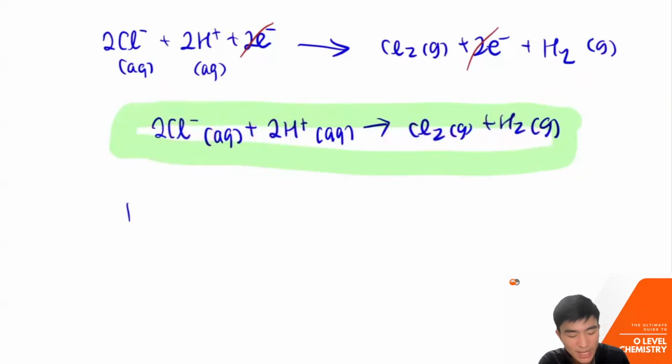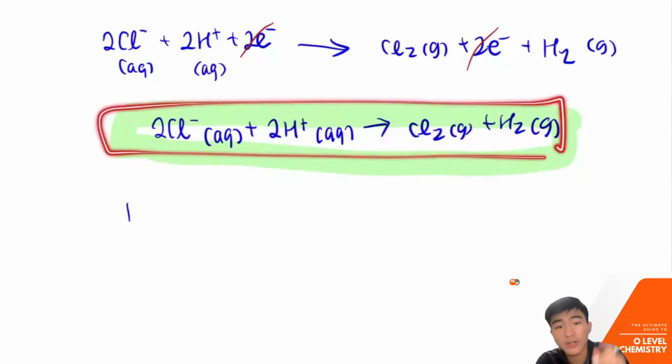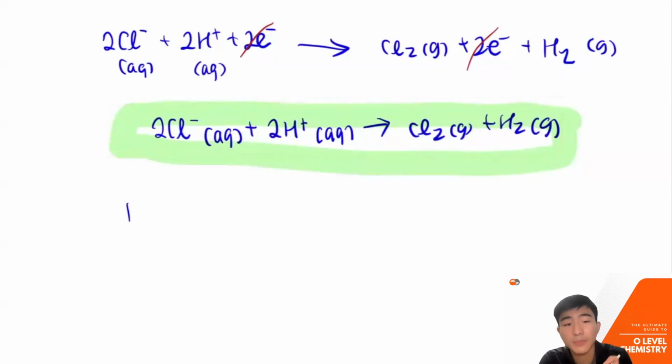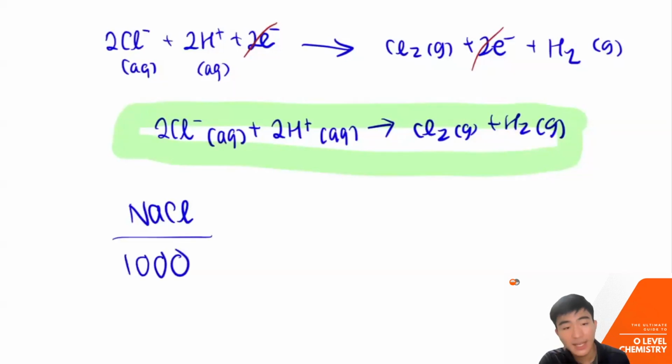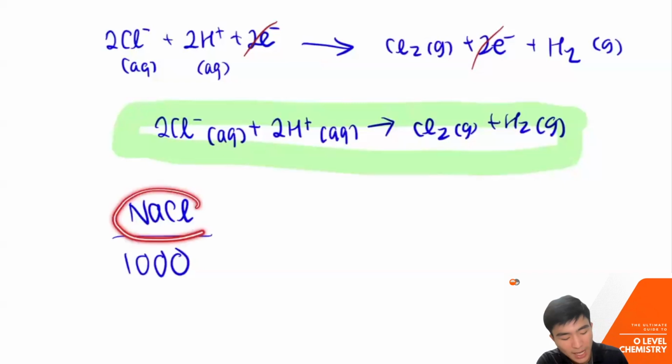Whenever you remember, mole ratio or the stoichiometry is the ratio between the elements or the substances. But for me to find the actual number, I need to use the actual number, right? So NaCl is 1000. Now, can you see if I have 1 mole of NaCl, I will have 1 mole of Cl minus.